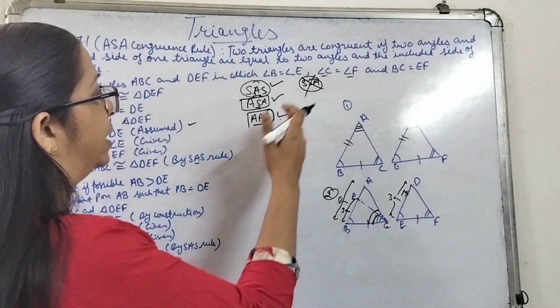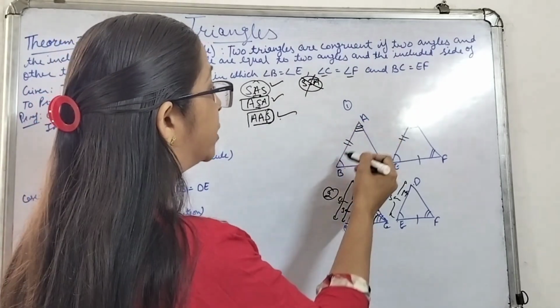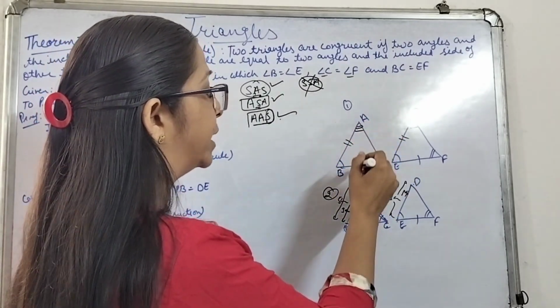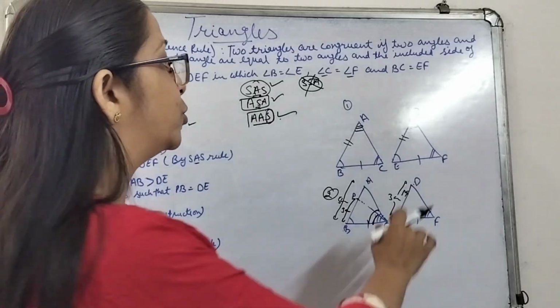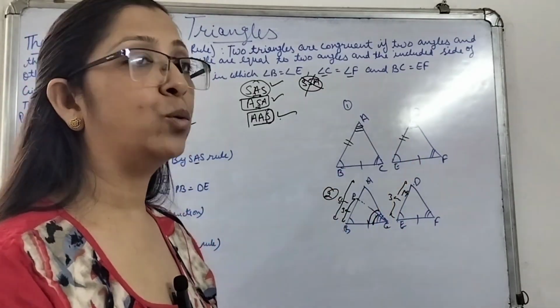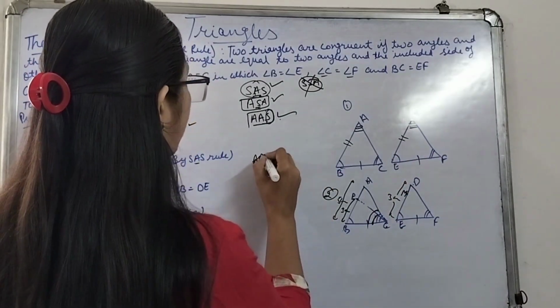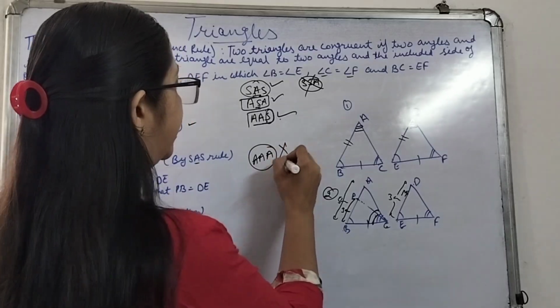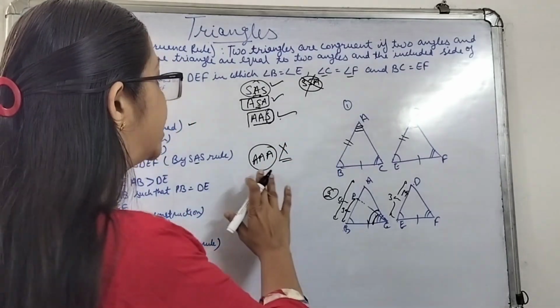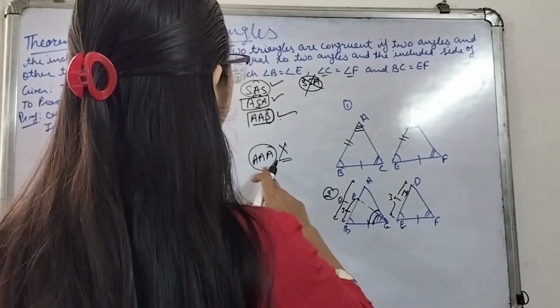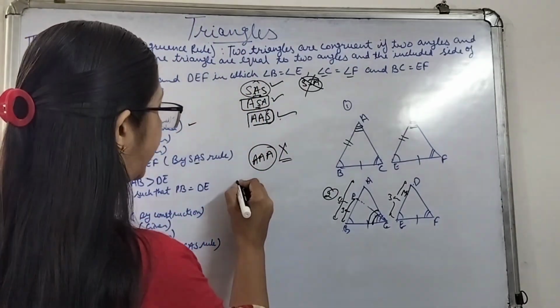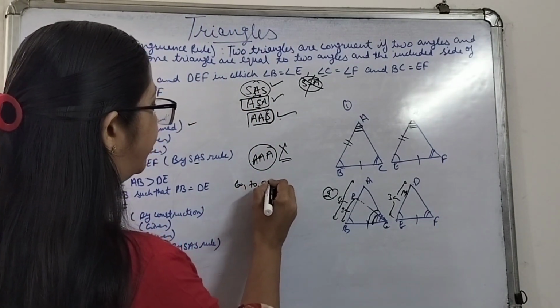One more thing: if all three angles of one triangle are equivalent to all three angles of another triangle, will these two triangles be congruent? No, AAA congruency does not work. Why so? Because there are so many triangles that could be formed if your angles are 60, 70 and 50.